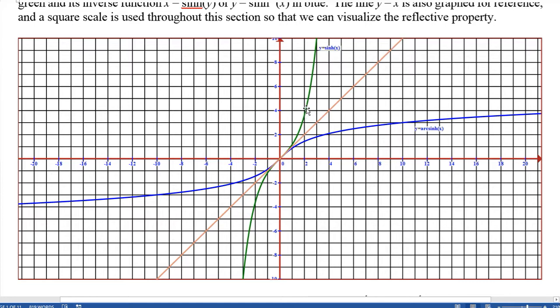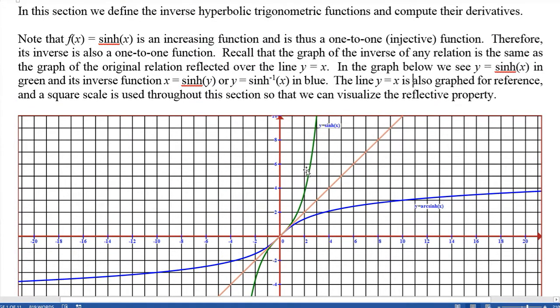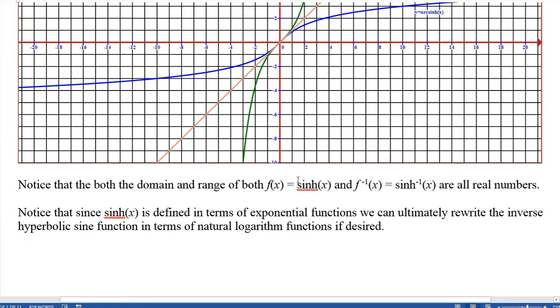If we reflect the green graph over the orange line, we get the blue graph, which is the function x equals sinh of y, or y equals the inverse sinh, or arcsinh, of x. We could graph it by taking the ordered pairs of y equals sinh x and reversing them. So there's the inverse sinh function.